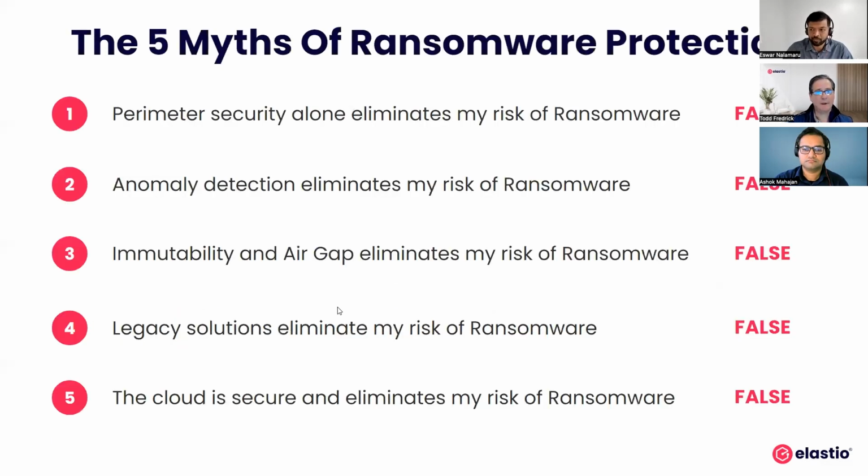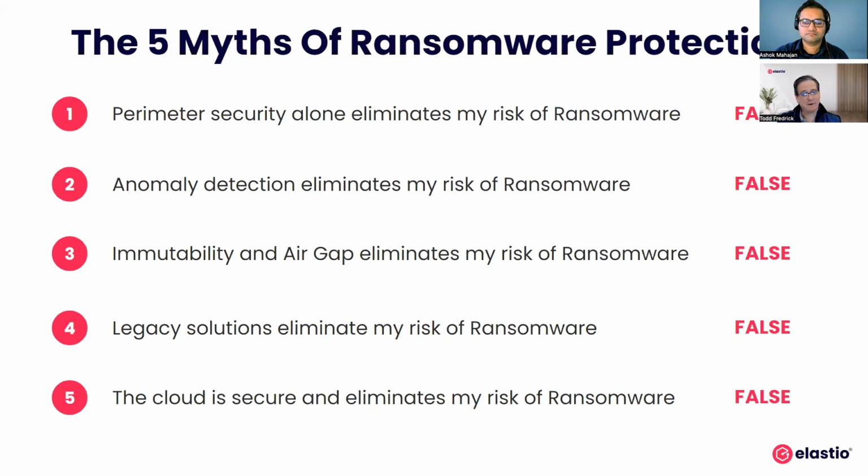the AWS S3 service. At Elastio, one of the first things that we talk about is what we call the 5 myths of ransomware protection. We consider these things myths because it's not one thing that can make you safe from a ransomware or malware attack. It's actually a combination of things. So, for example, perimeter security or endpoint security alone does not eliminate my risk of ransomware.